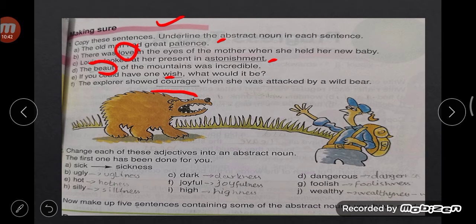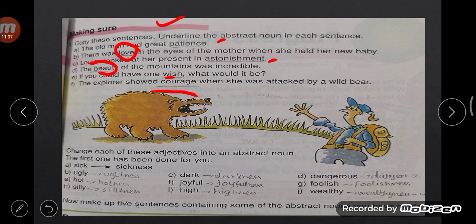Yes, the B is ugly, ugliness, dark, darkness, hot, hotness, joyful, joyfulness, foolish, foolishness, silly, silliness, high, highness, wealthy, wealthiness.